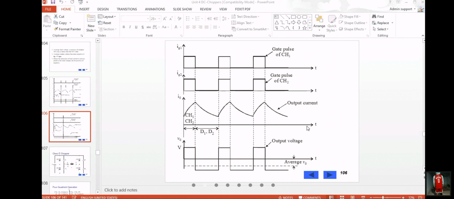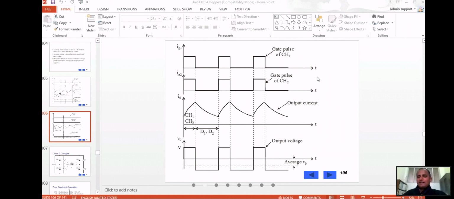But sir, in the chopper circuit, the source is being used as a DC source, no, sir? Actually, this DC source does not pass through the capacitor, because the capacitor acts as a blocking capacitor.